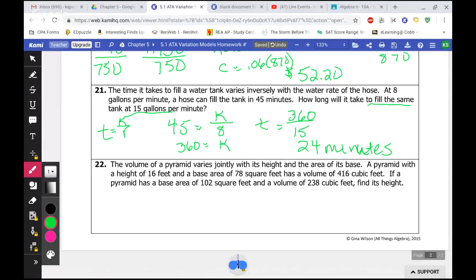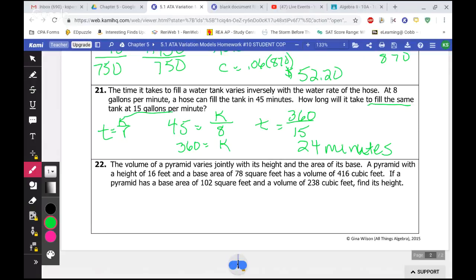Okay. Did you get the same thing? Yeah, I did. Okay, the volume of a pyramid varies jointly with its height and the area of its base. A pyramid with a height of 16 feet and a base area of 78 square feet has a volume of 416 cubic feet. If a pyramid has a base area of 102 square feet and a volume of 238 cubic feet, find its height.